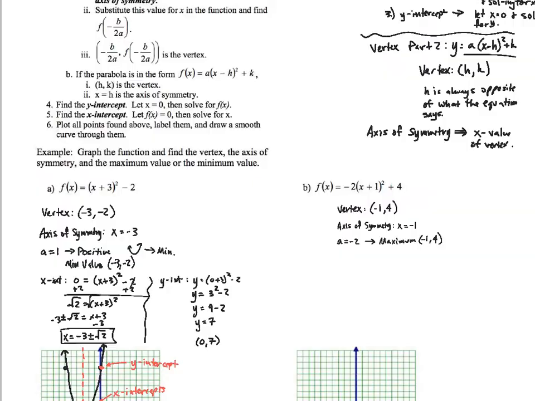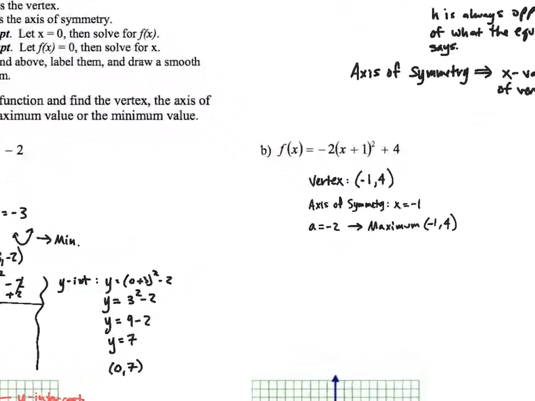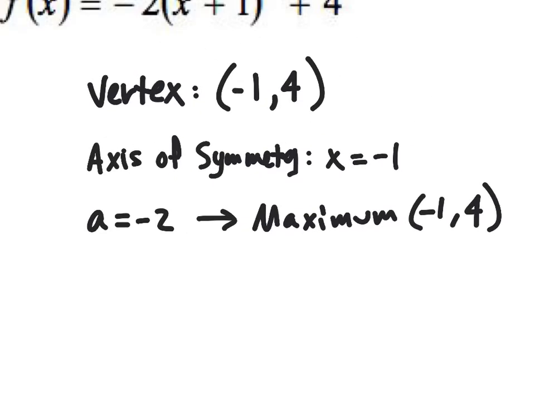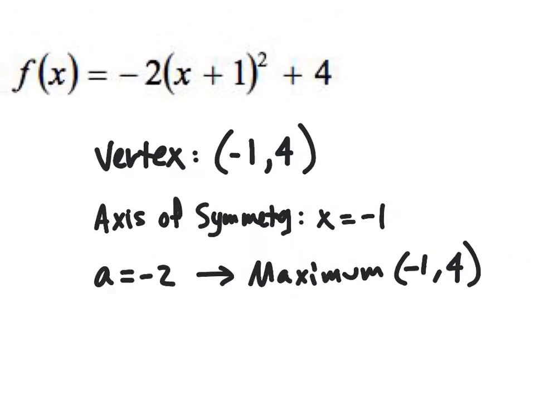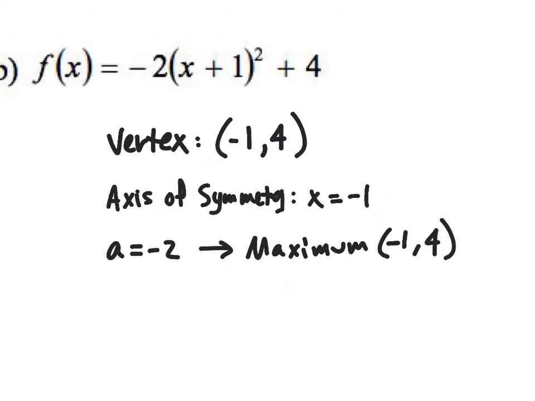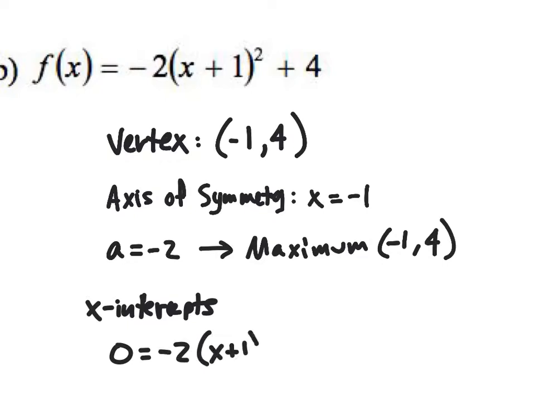And then let's find our x-intercepts. So I'm going to set 0 equal to -2 times the quantity x plus 1 squared plus 4.